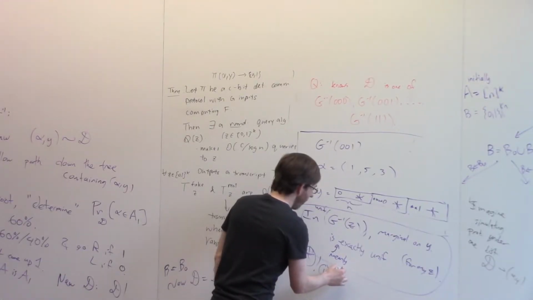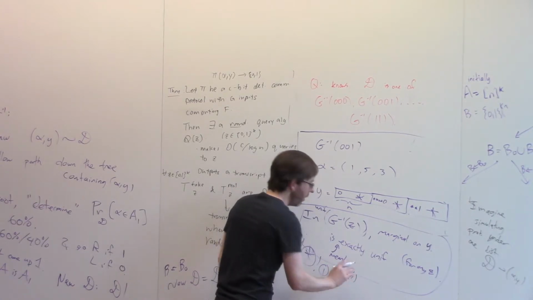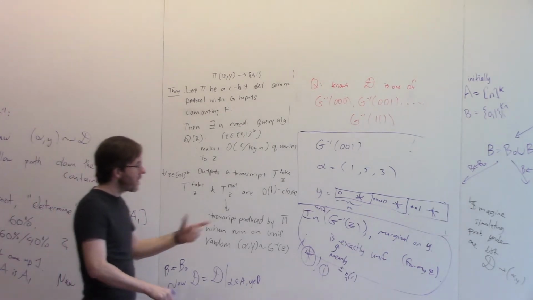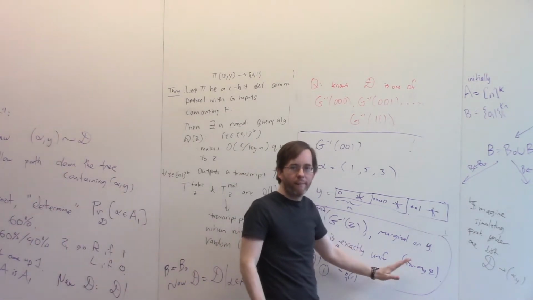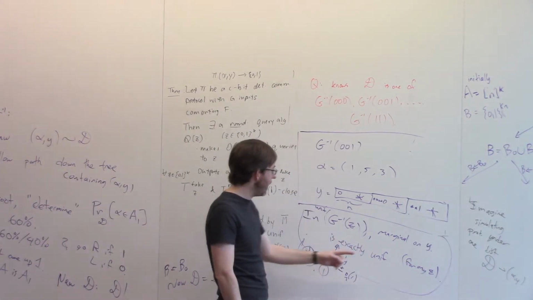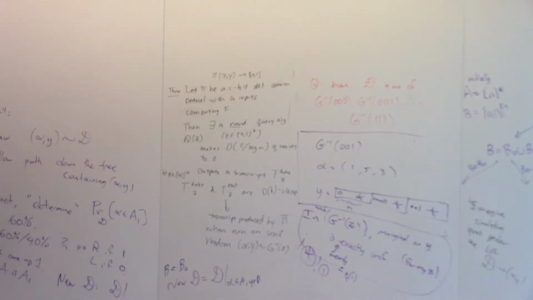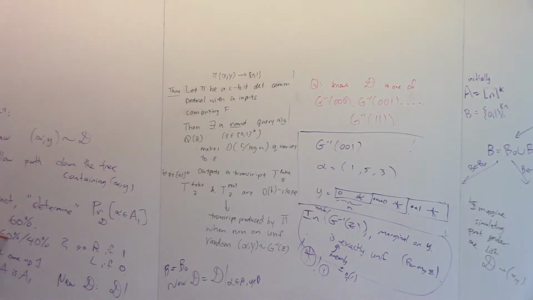It's up to plus or minus little o of 1 with respect to n, whatever that means. It's slightly different for each Z, but that's okay. For every Z, it's practically the uniform distribution. So you can still do one step here. When you do one step here, you just pretend it's the uniform distribution and do your step.